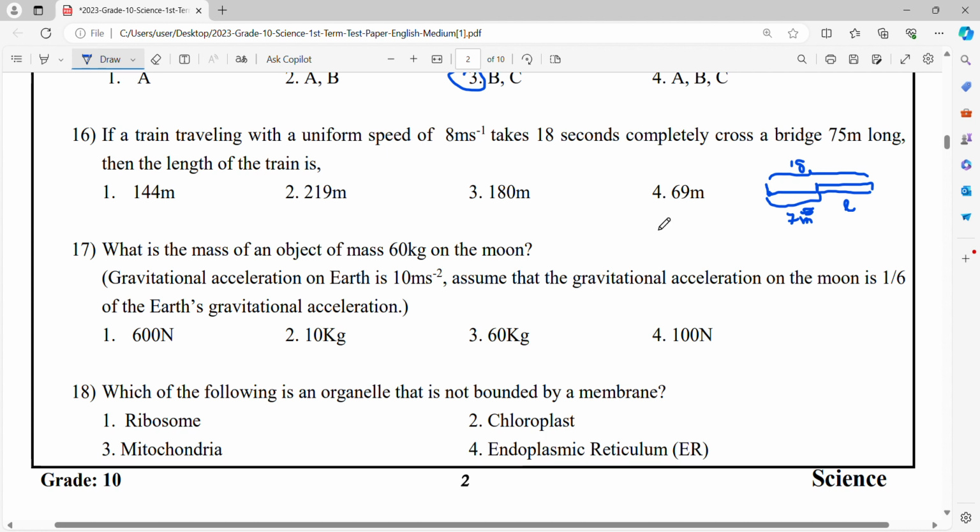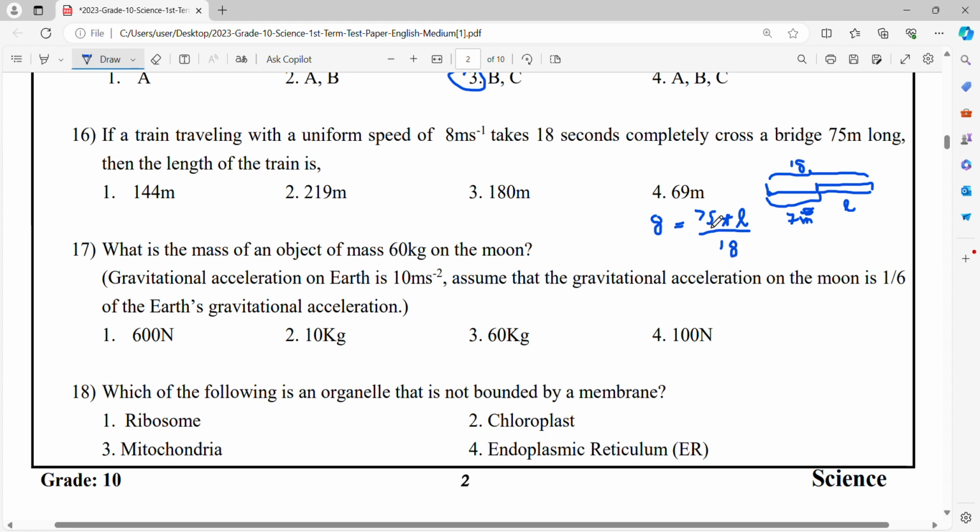So when we apply it, velocity is equal to displacement divided by time taken. The total length is 75 plus L, where L is the length of the train, divided by the time taken. 8 equals (75 plus L) divided by 18.